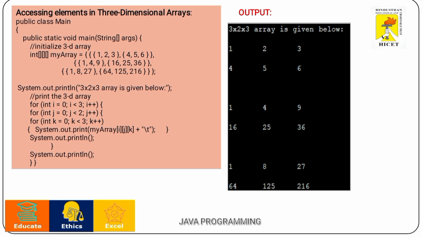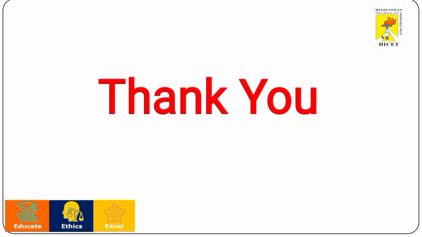In the array initialization statement, the first inner set value is 1, 2, 3. So 1, 2, 3 will be assigned in the first row. Similarly, 4, 5, 6, 1, 4, 9. So all the values will be assigned in the three-dimensional array. Thank you.